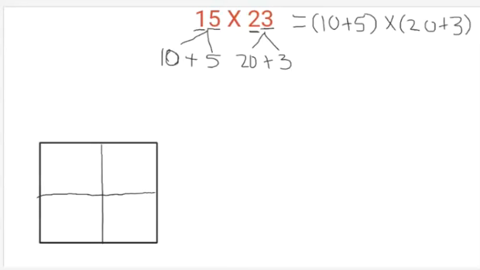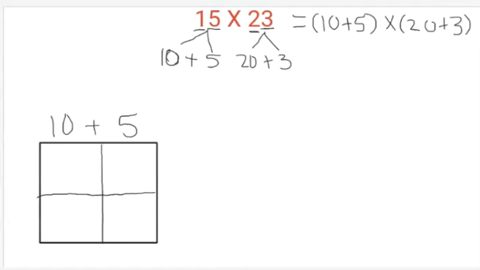Now, I think to myself, where am I writing my numbers? Well, on the outside of our square, we're going to write the numbers that we decomposed. So on the top, I'm going to write a 10. And I want to remember what these numbers mean. So I'm going to write plus, in the middle, 5, to show it's 10 plus 5, which is 15.